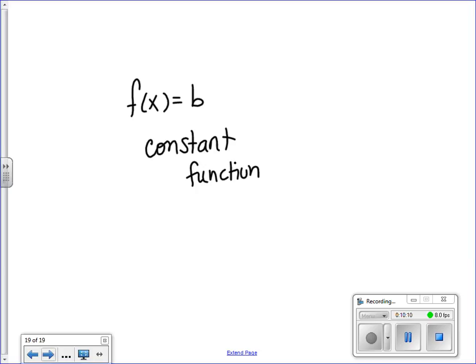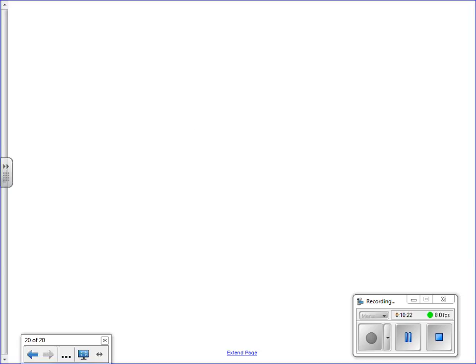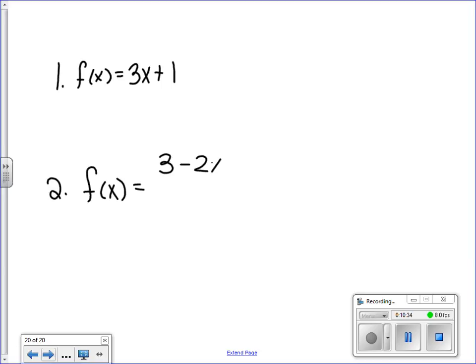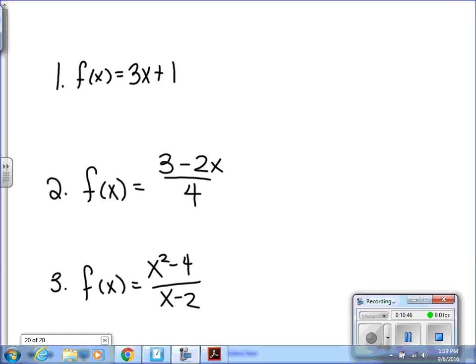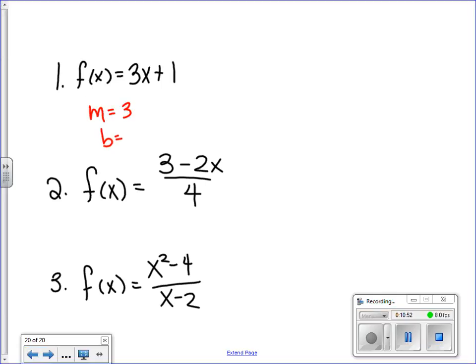I'm going to give you some, and I'm going to let you find the slope and the y-intercept. Slope on number 1. Alright? What's your y-intercept?